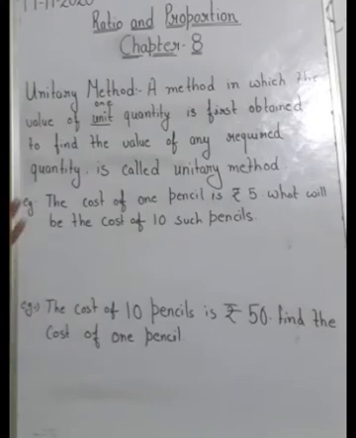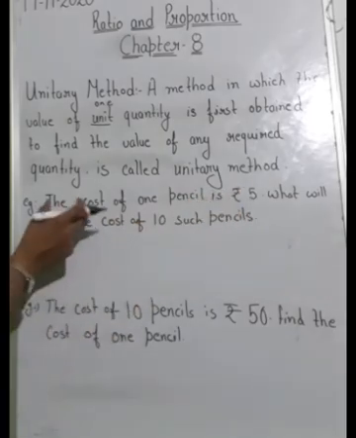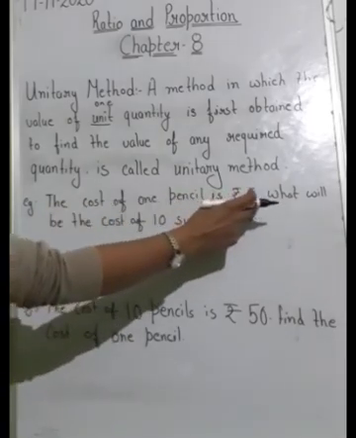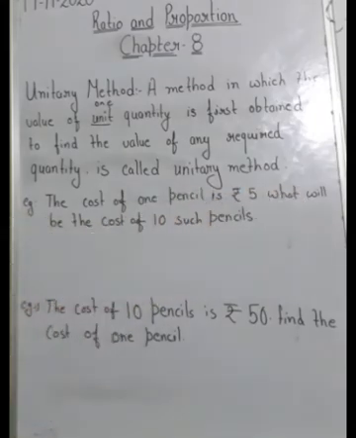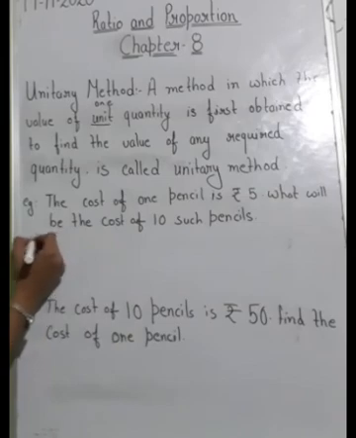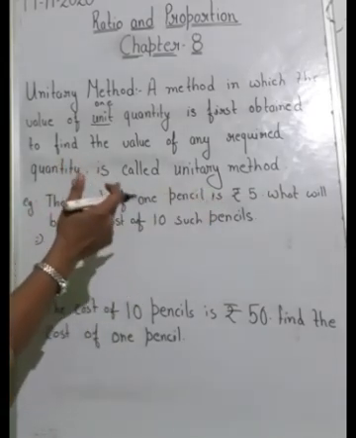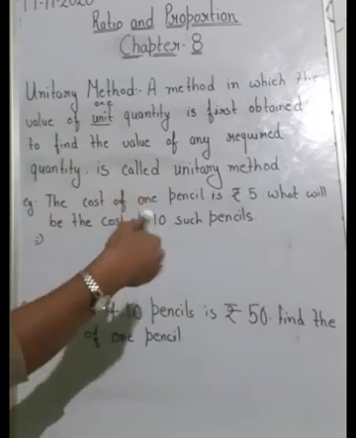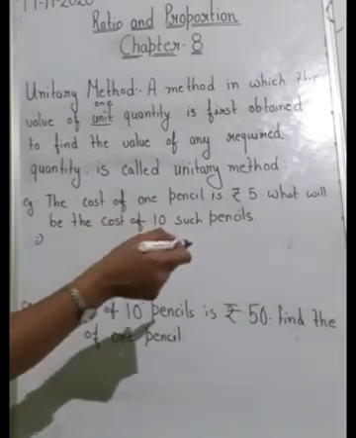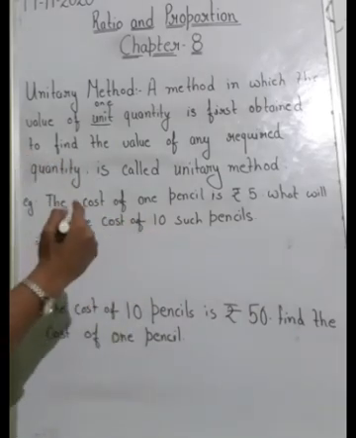So the question arises how you are going to find the value of one quantity. So here I have done two examples of it. Your first example is the cost of one pencil is rupees 5. What will be the cost of 10 such pencils? I told you in 5th class that whenever they have given the value of 1 and you have to find the value of many, then you do multiplication, because the cost of one is always less than the cost of many.